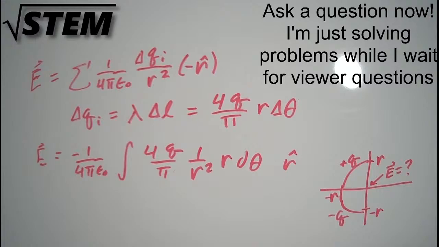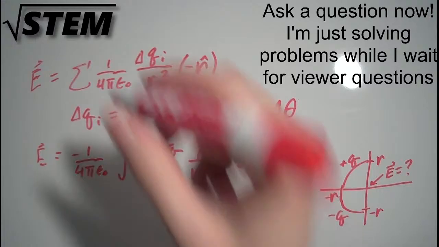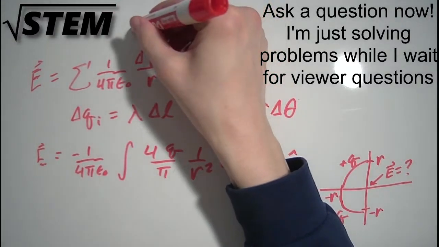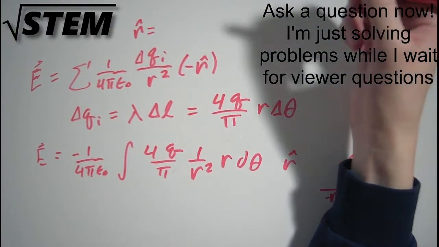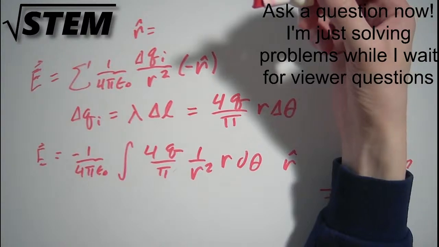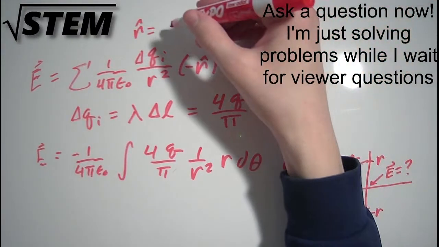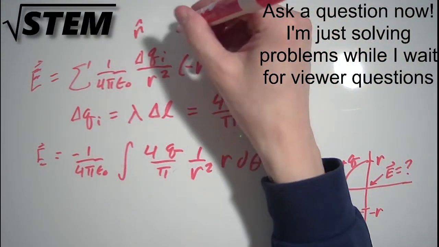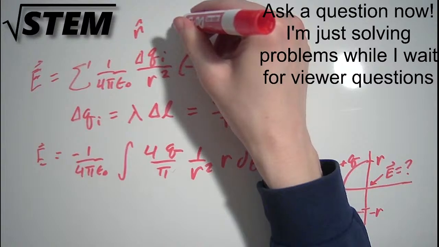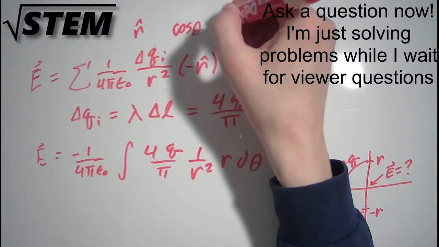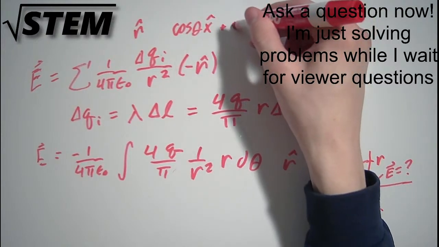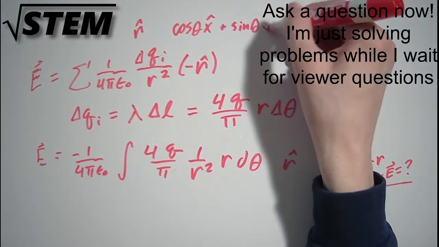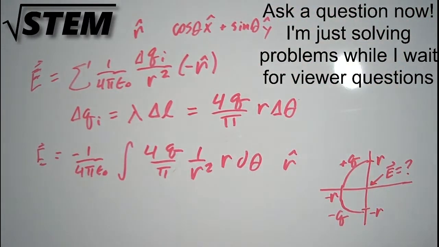So r hat should be based on cosine theta in the x hat direction and sine theta in the y hat direction.